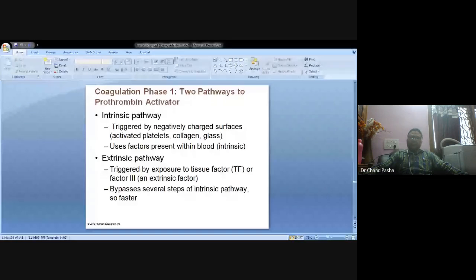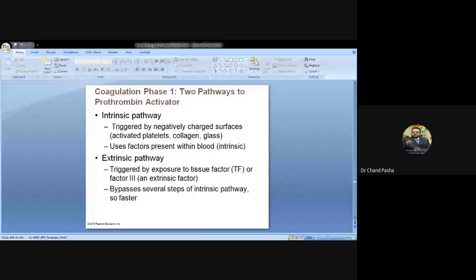Okay, intrinsic factors are the internal factors, as I told you, and these intrinsic factors are triggered by a negatively charged surface. As I told you, whenever there is a cut, immediately the platelet cells, which originally have a negative charge, once they identify that there is a cut, will give their negative charge as a signal.